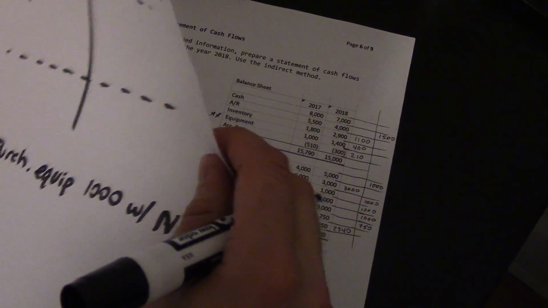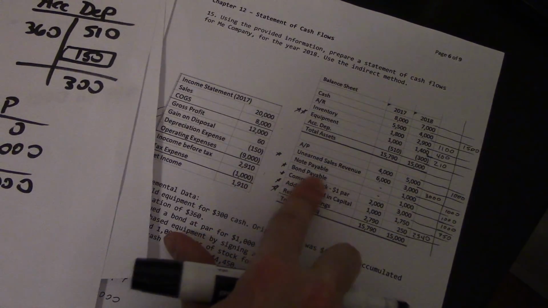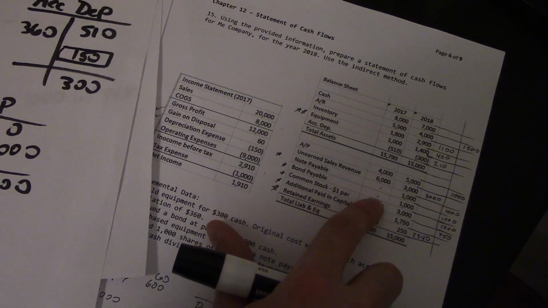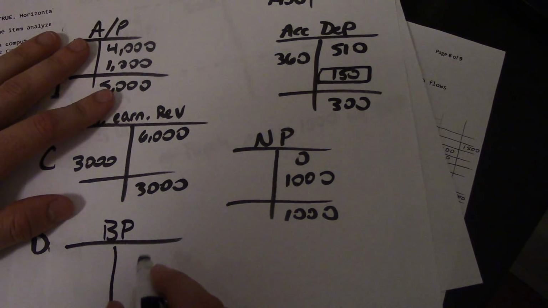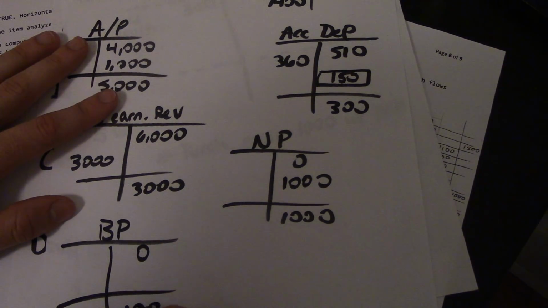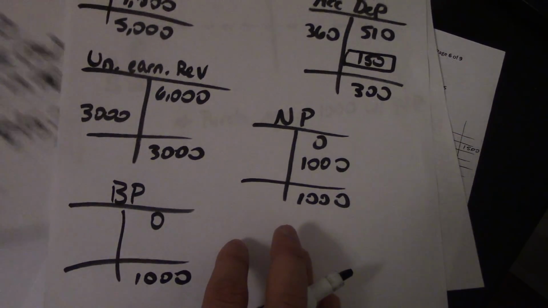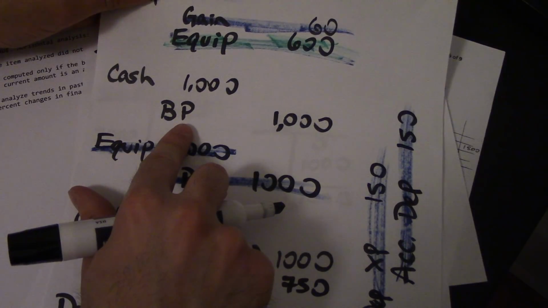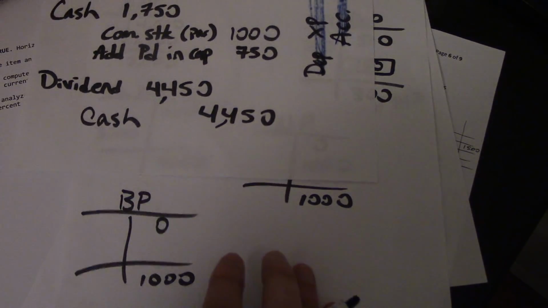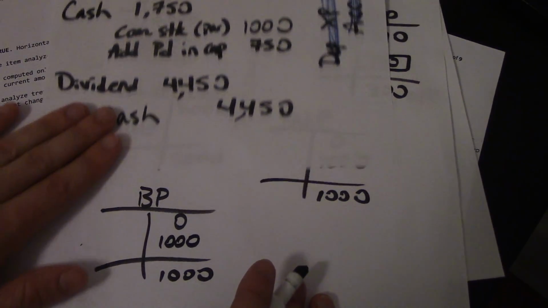Coming up next is the bond payable. The bond payable, we started just like the note payable with 0, ended with 1,000. Bond payable T account, start with 0, ended with 1,000. And if you remember back to our journal entries, there was an entry for bond payable. We are increasing the bond payable, or crediting the bond payable by 1,000.